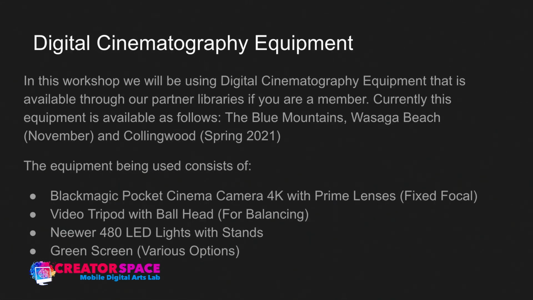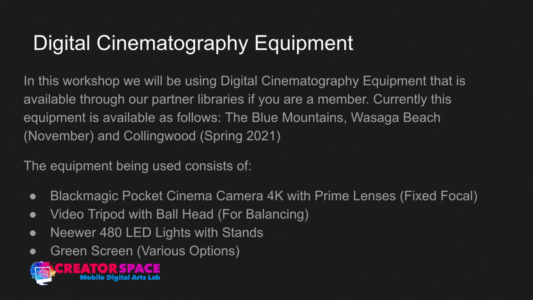In this workshop, I wanted to outline some of the digital cinematography equipment we'll be using. These are available through the Blue Mountains Public Library. Wasaga Beach will have this equipment available for loan coming up in November, and Collingwood will be in the spring of 2021. The equipment we're using today is the Blackmagic Pocket Cinema Camera 4K, a really long name, also known as the BPCC 4K.